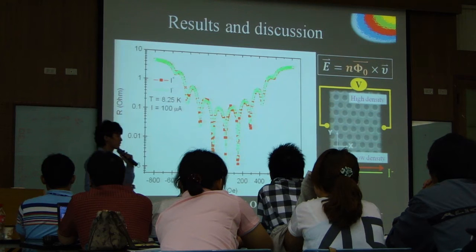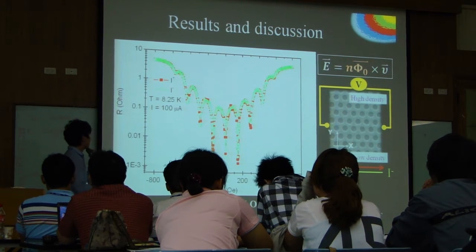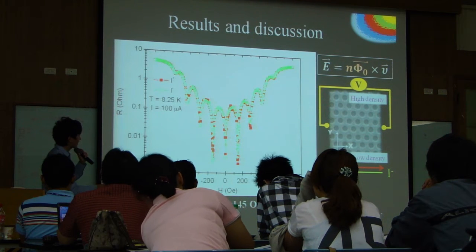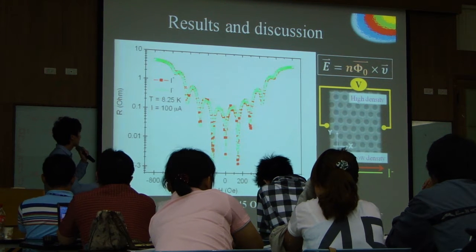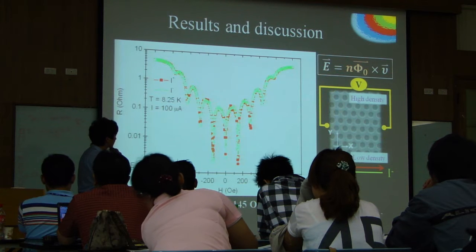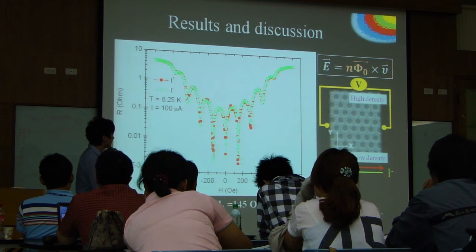And here is our result. We inject a current in the x-axis and measure the voltage in the x-axis too. The red point is when we inject a positive current, and the green point is when we inject a negative current.